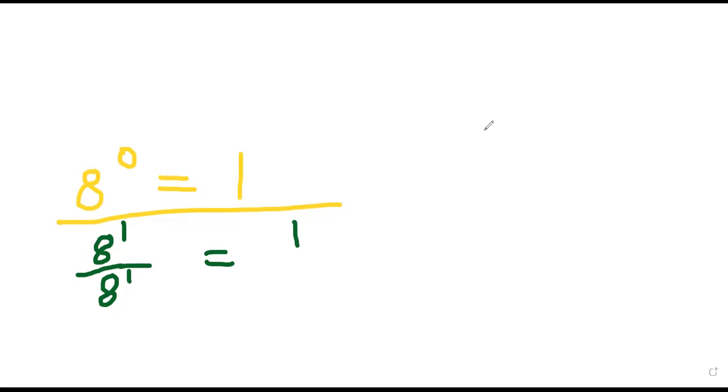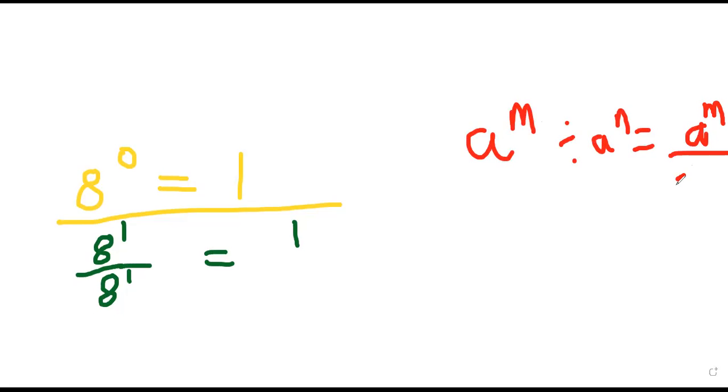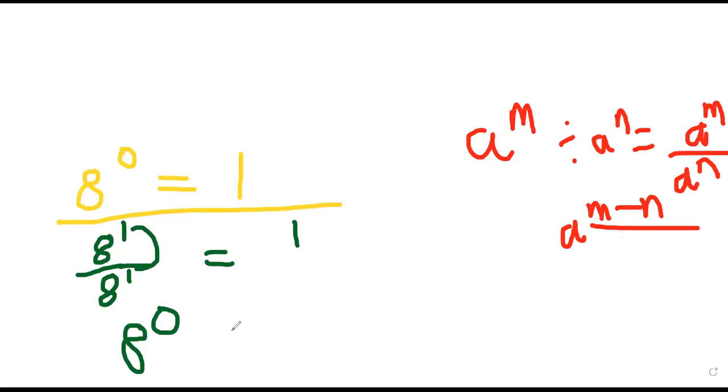As you have learnt in the rule, a to the power m divided by a to the power n is a to the power m minus n. So now you must have got a conclusion. Here 1 minus 1 is 0. What did it become? a to the power 0 is 1.